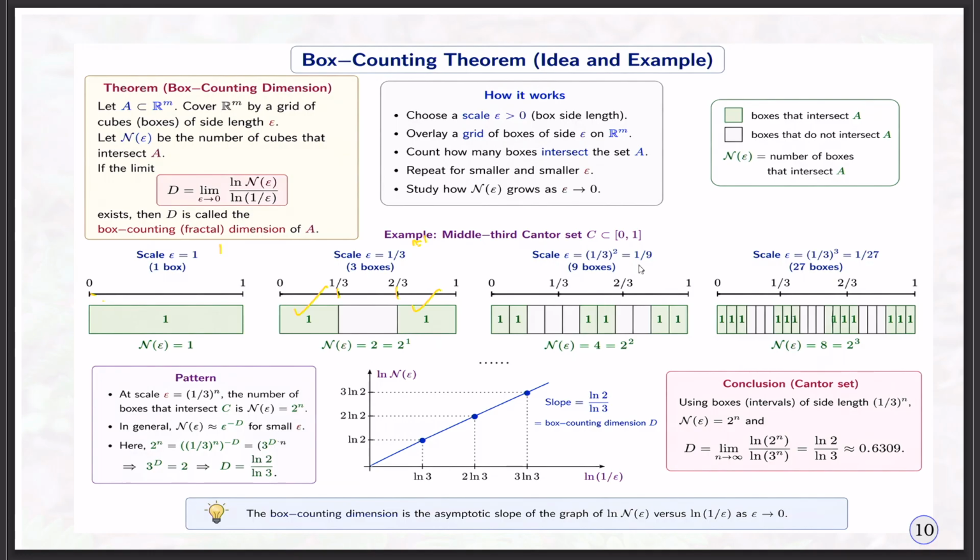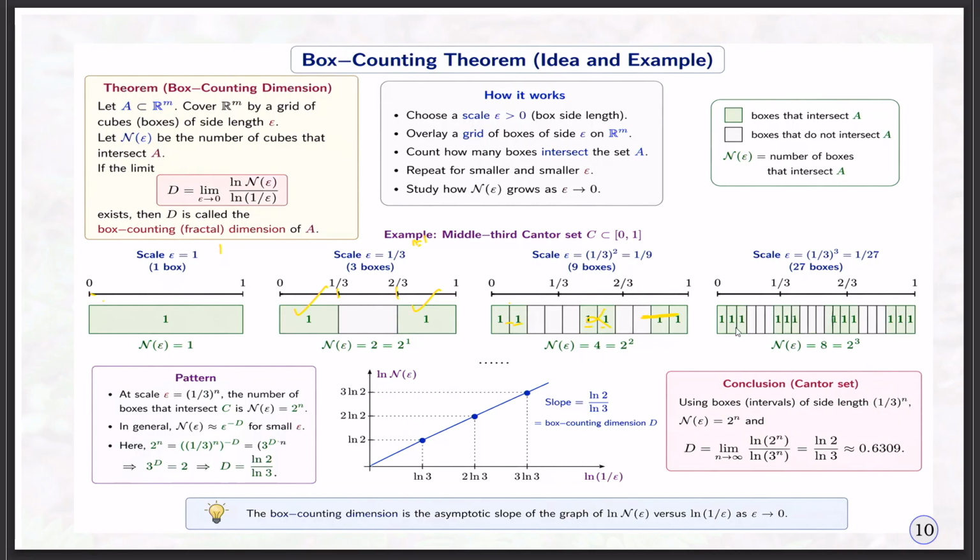Similarly, if n equals 2, that means 1 by 9 side length, we need 4 boxes to cover the Cantor set in the second iteration.